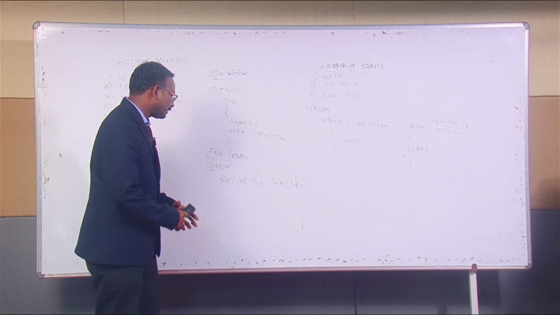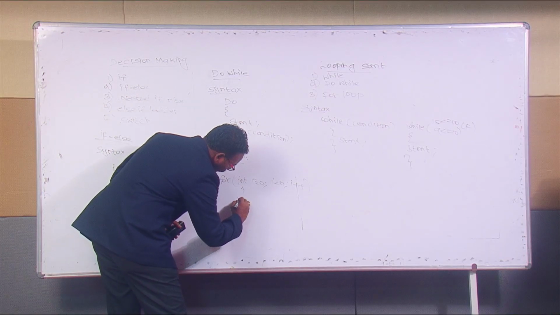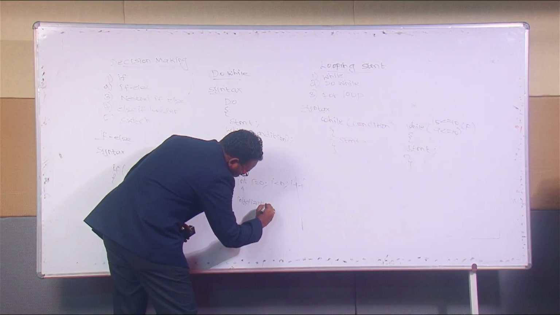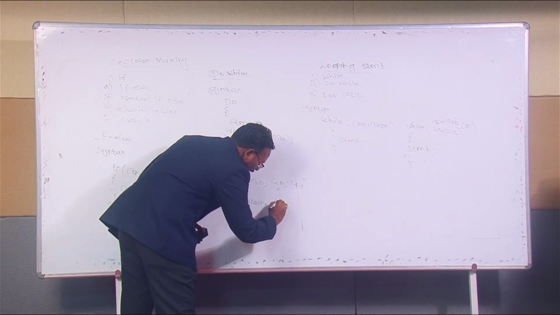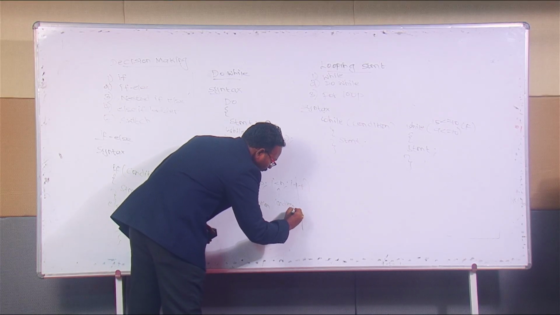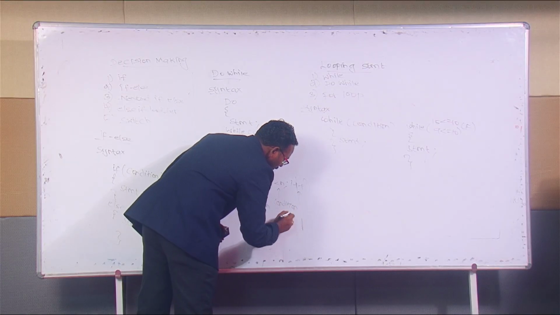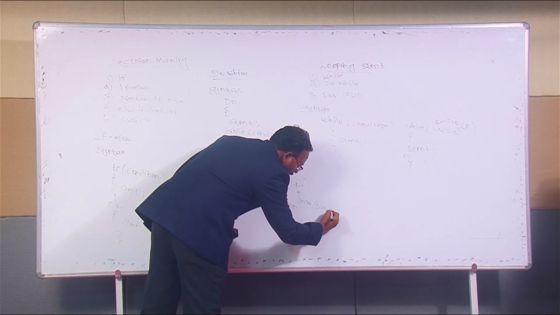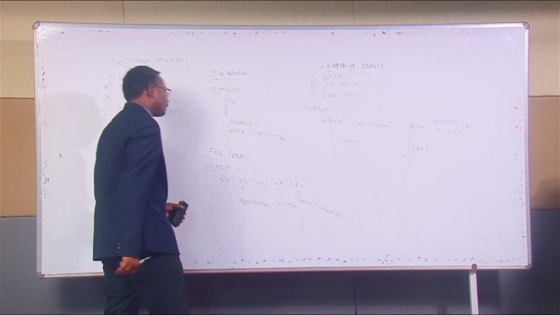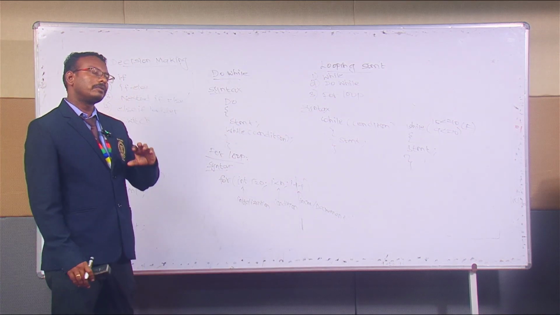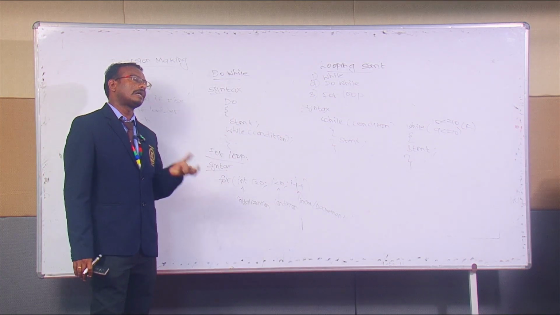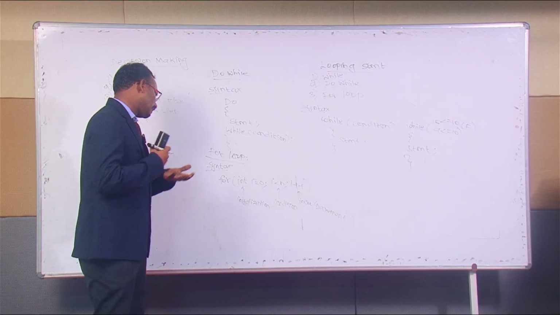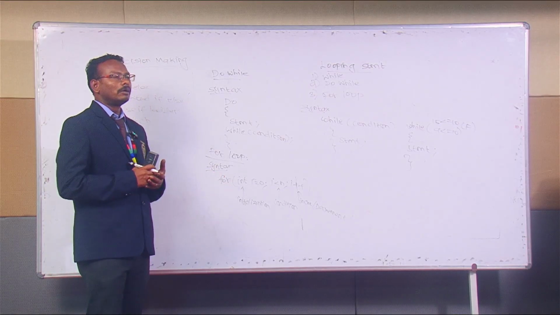The first one is the initialization, this is the condition, and this is the increment or decrement. For example, we need to continually print numbers until the condition fails. For that we can use for loops.